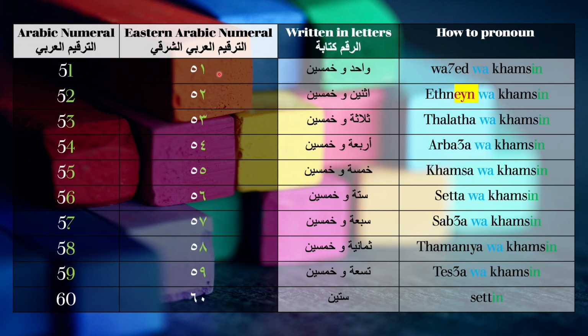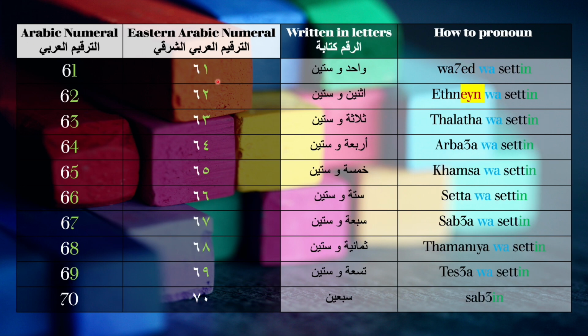I think you grabbed it. Let's do it. 51, 52, 53, 54, 55, 56, 57, 58, 59, 60. Is it fun? Yeah, I guess you got it and it's now fun.